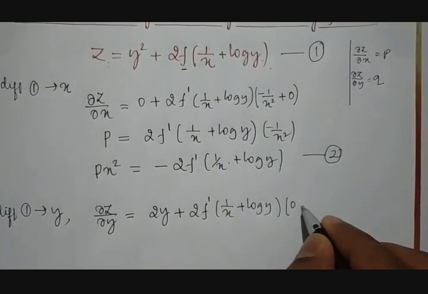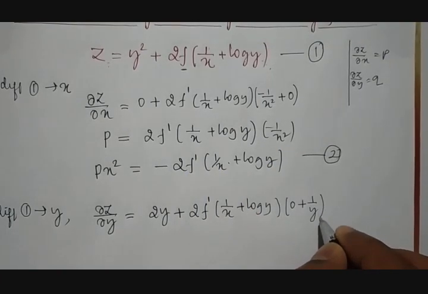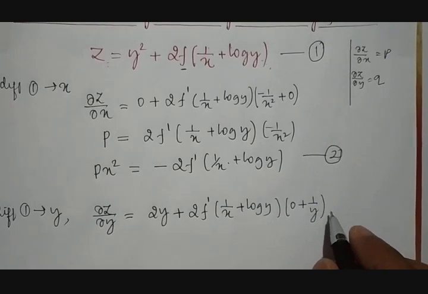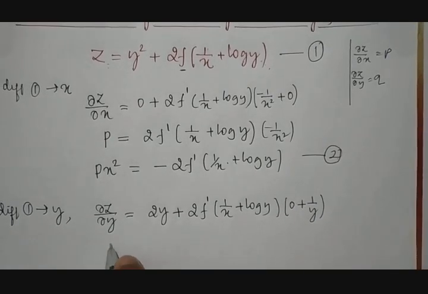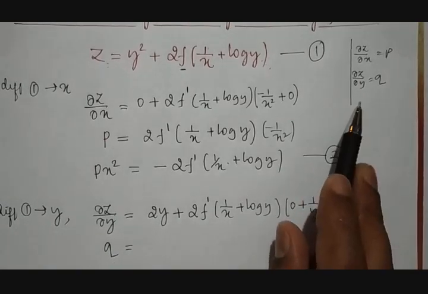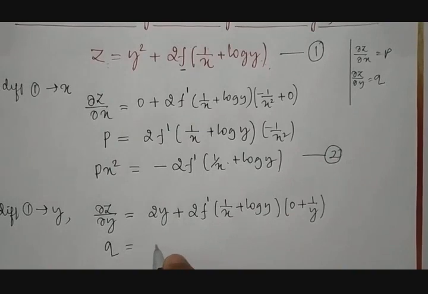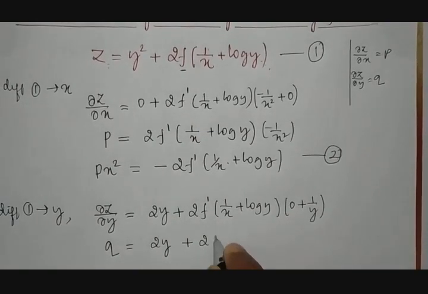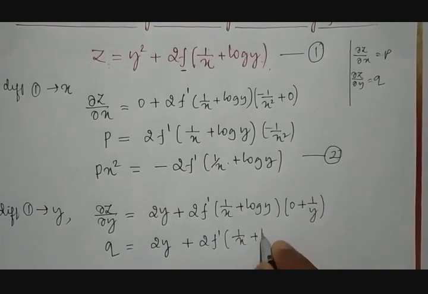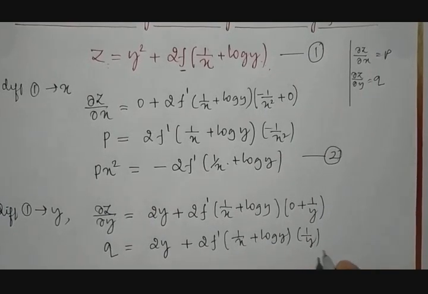So 1 by x differentiation will be 0, then log y will be 1 by y. This is the differentiation. Then we take it as q, as per the notation. q is equal to 2 times y plus 2 f dash of 1 divided by x plus log y into 1 divided by y.